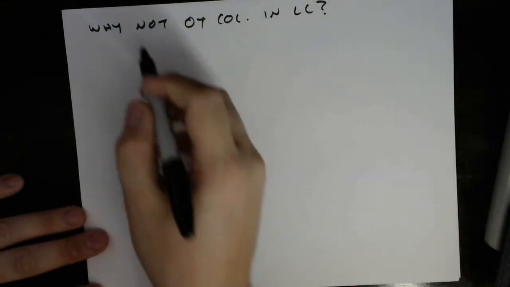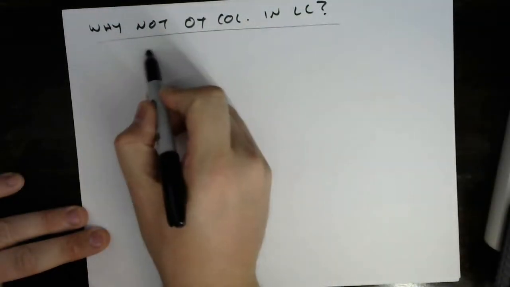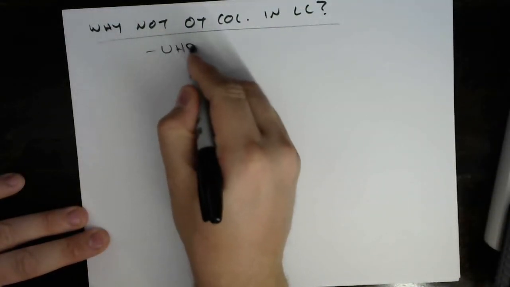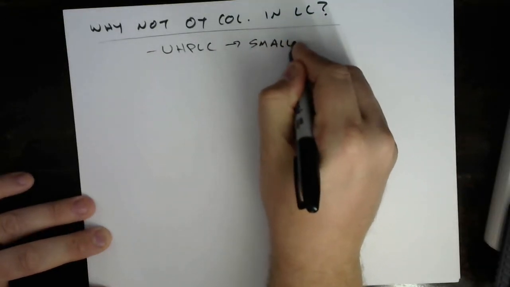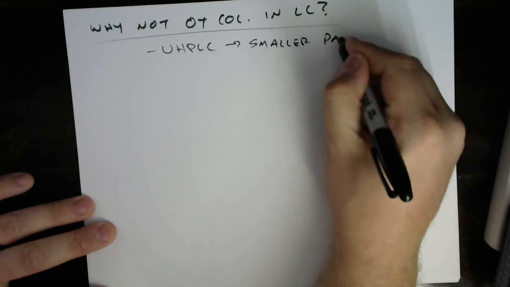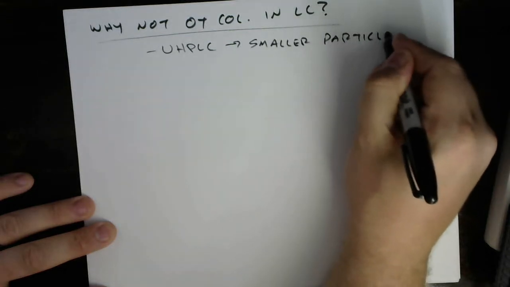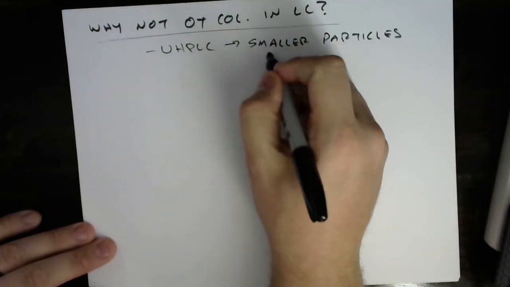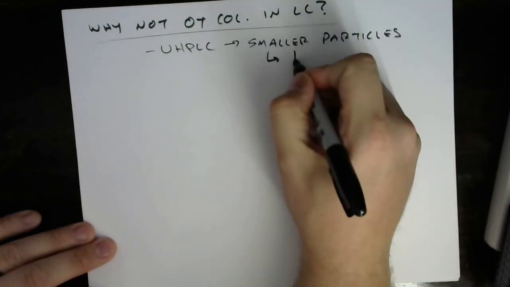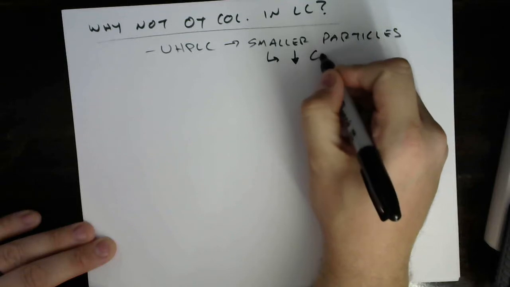So let's remind ourselves of when we talked about UHPLC. The concept here was smaller particles, and those smaller particles gave a reduced C term.